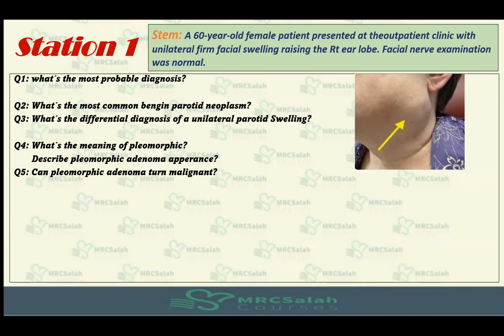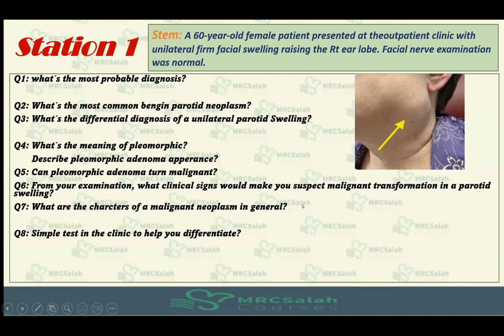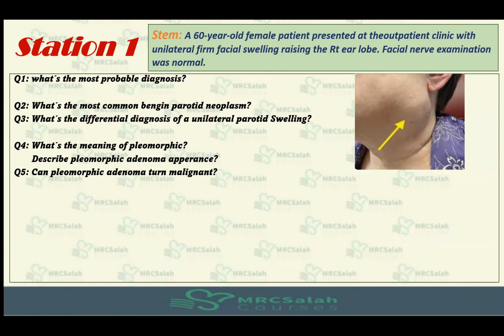Thank you. Next question. Can pleomorphic adenoma turn malignant? Yes. Okay, can you please elaborate more? It can occur in about 5% of cases. In this case it is named carcinoma ex pleomorphic adenoma. Okay, great. And do you know any mechanism of this transformation?